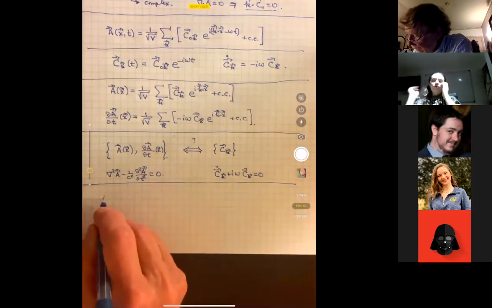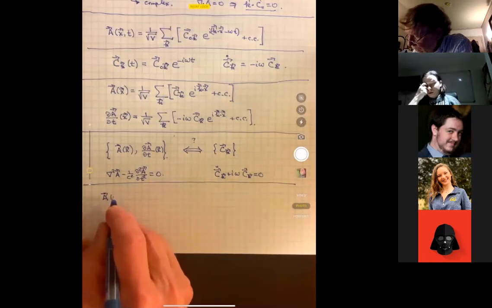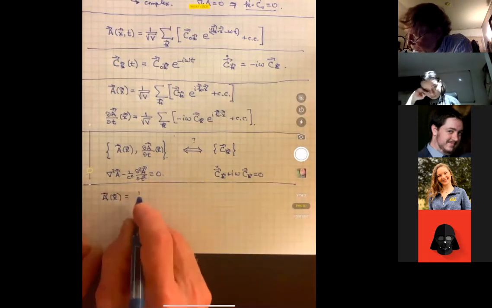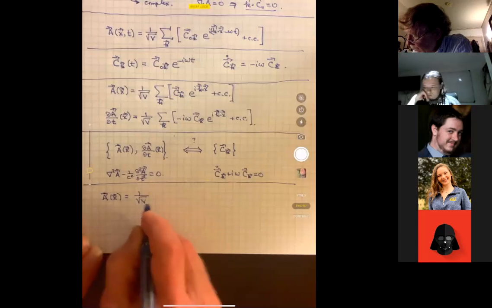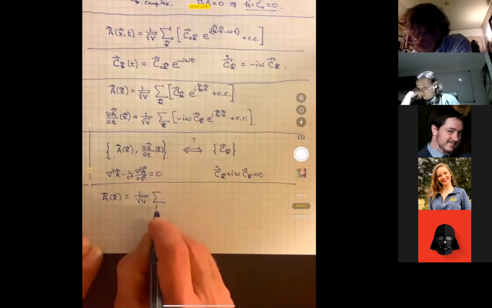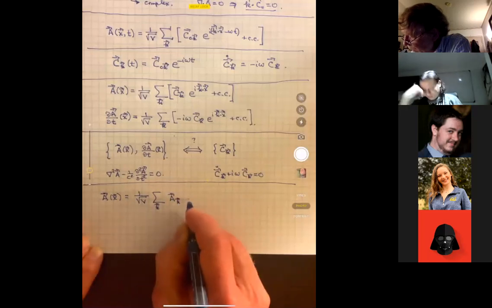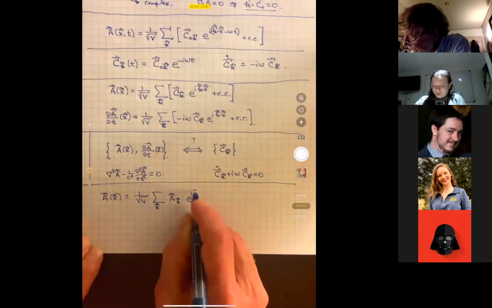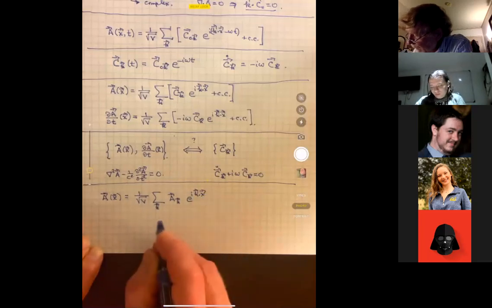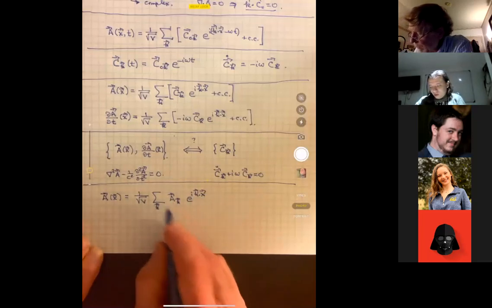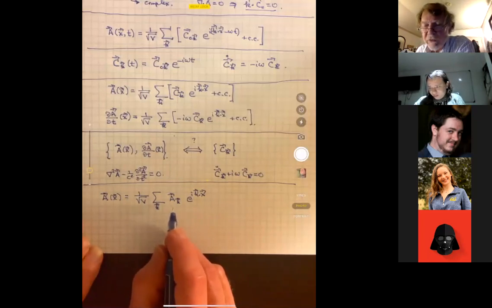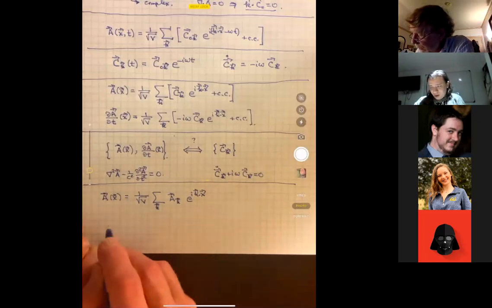Suppose I take A of x and I decompose it into its Fourier series using my conventions for Fourier series. It's 1 over the root volume, sum on k, of the Fourier coefficients a sub k times e to the i k dot x. If I do this, then the a sub k's are determined by the inverse Fourier series formula.